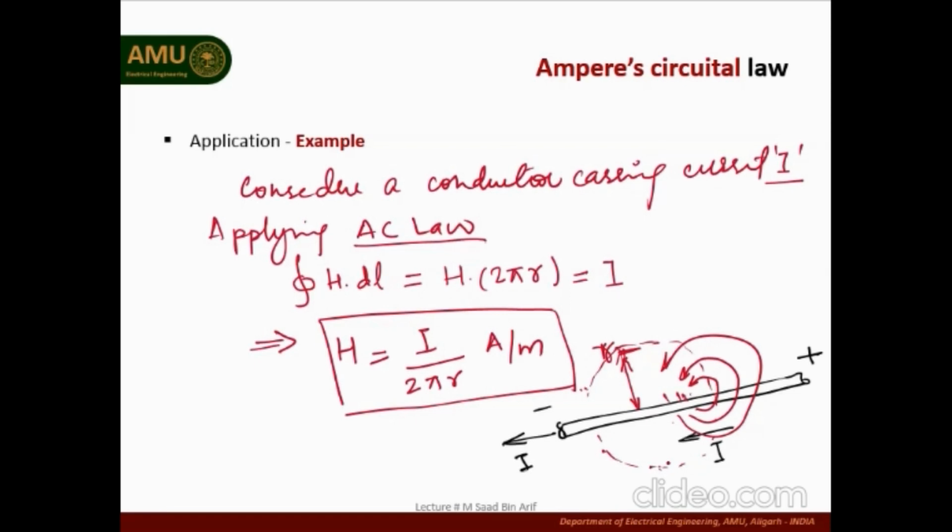The magnetic field intensity will be the same, so the closed loop integral will be 2 pi r multiplied by magnetic field intensity, which is equal to I. So from this we easily get the expression and the value of magnetic field intensity. See how easily we can calculate magnetic field intensity using Ampere's circuital law.